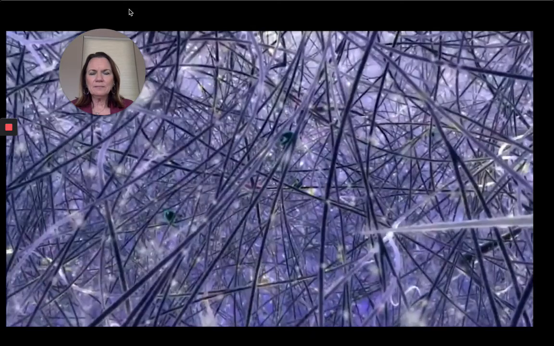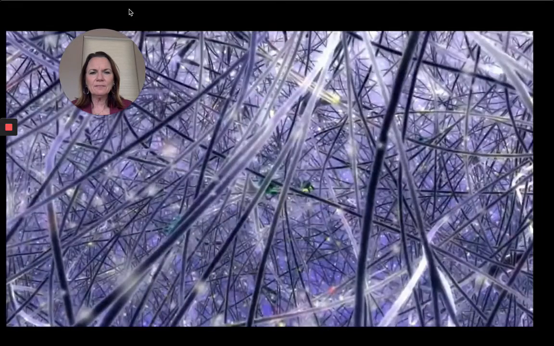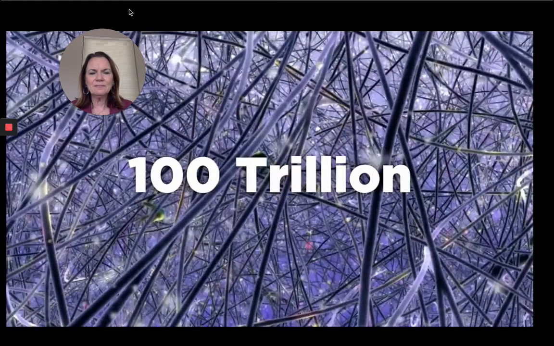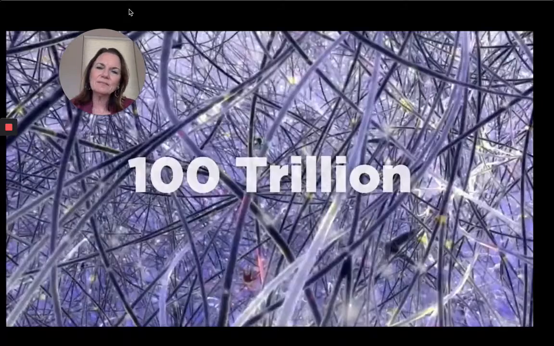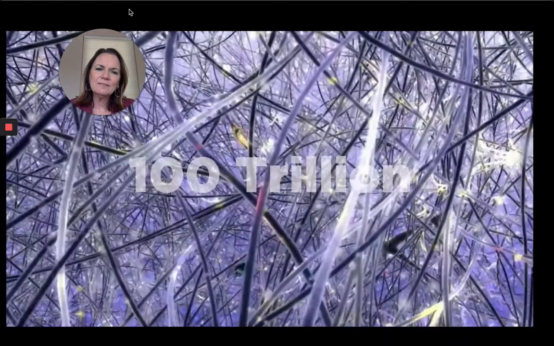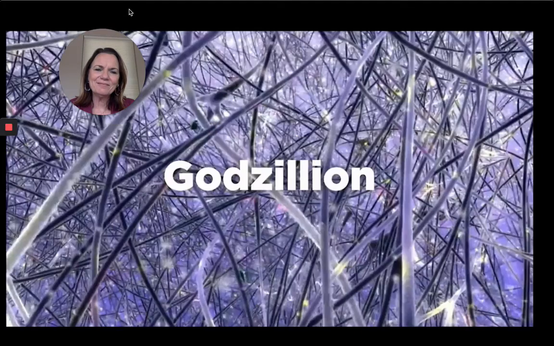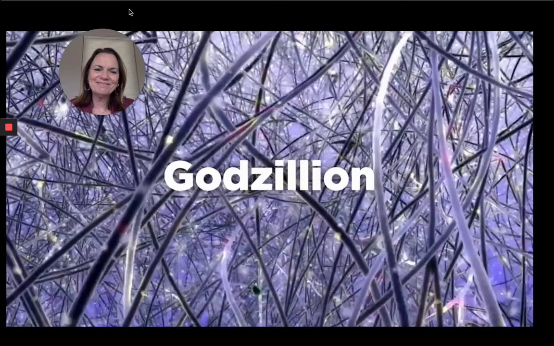If we stay with the minimum number of connections, we get to 100 trillion potential connections. If we start to talk about patterns and the combinations of patterns between those connections, we get to a number we can't even imagine. So he invented a word, Godzillion. It's like so much is beyond your wildest imagination.